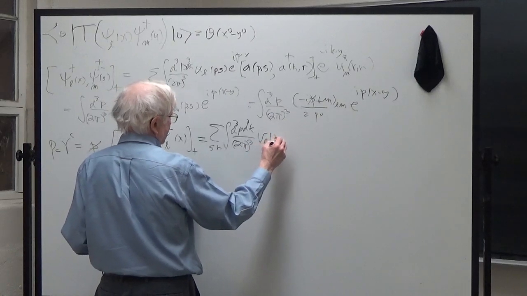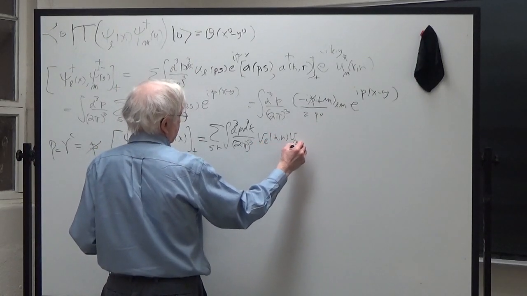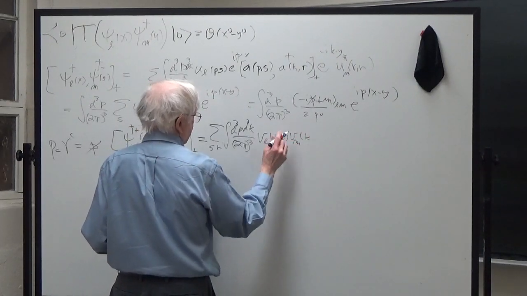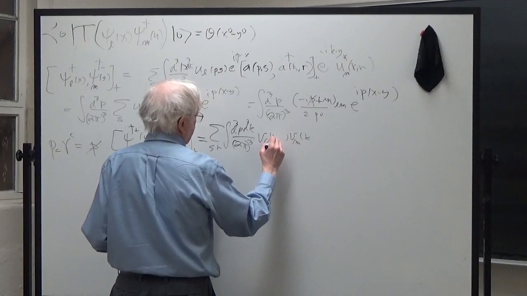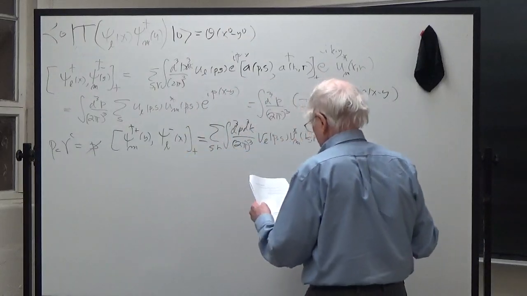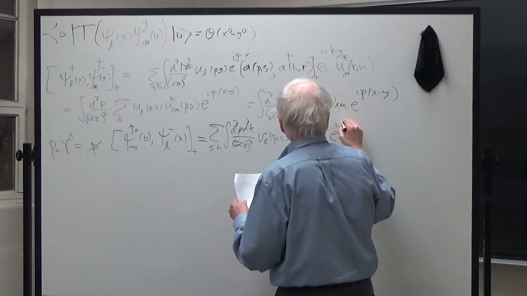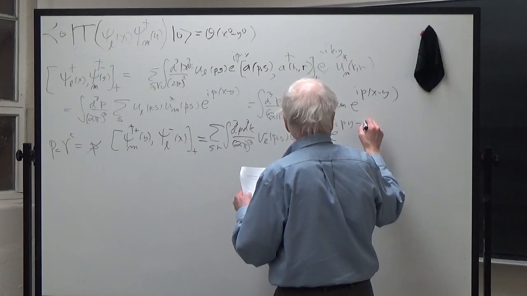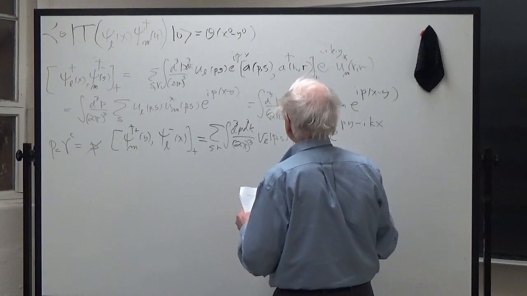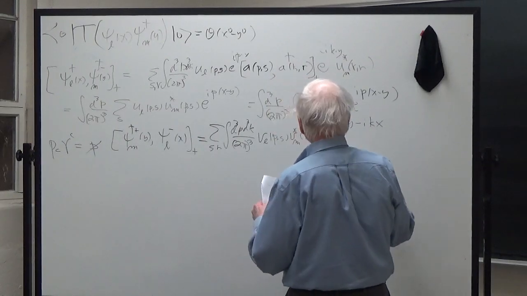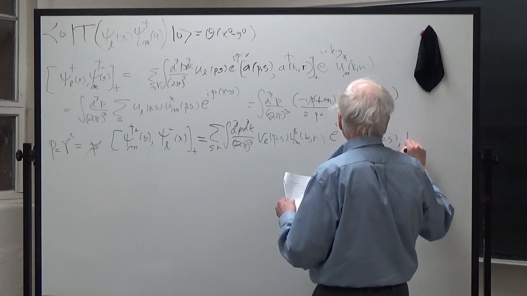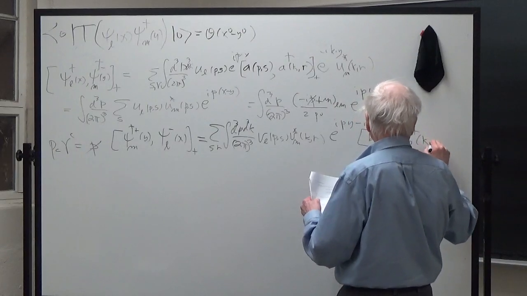So v L of k and r, v M star of, well, actually I should say p and s, k and r, star, and it's e to the i p y minus i k x. And it's the anti-commutator of b of p and s, b dagger of k and r.